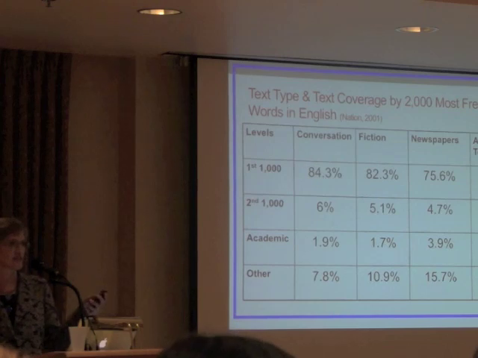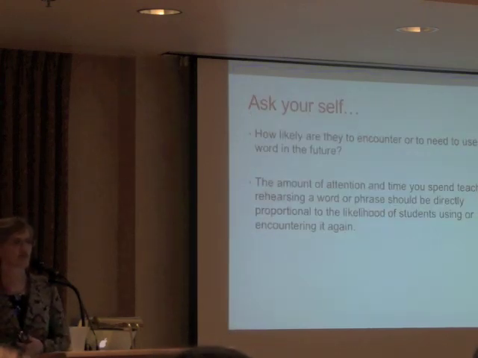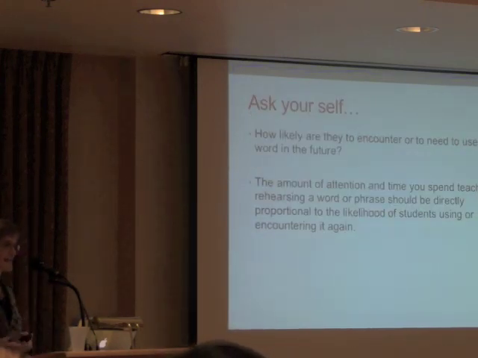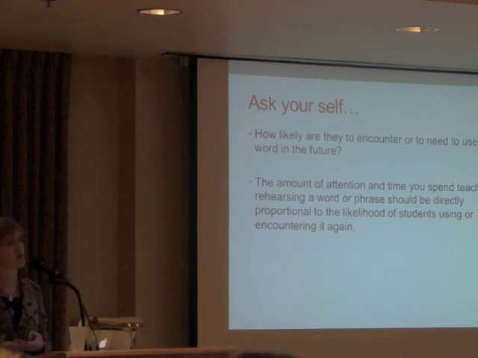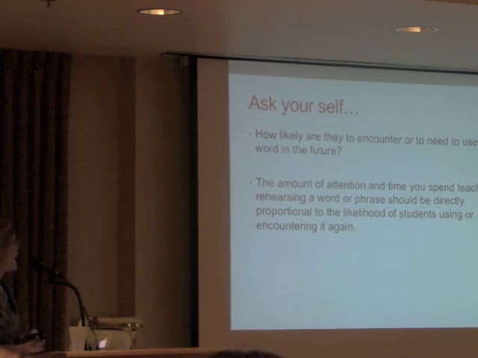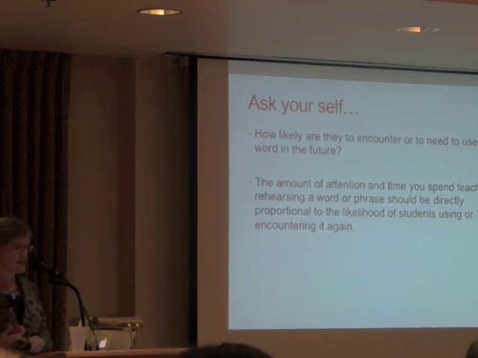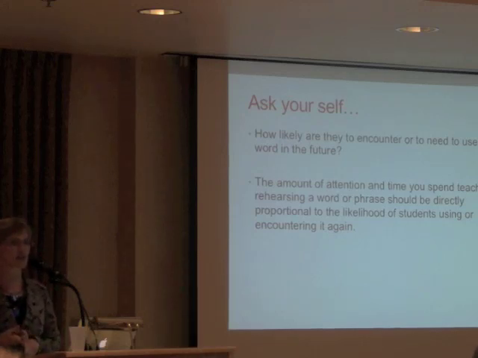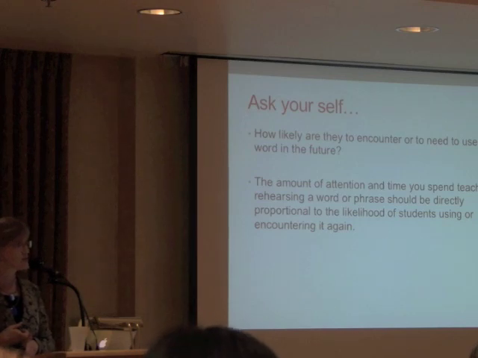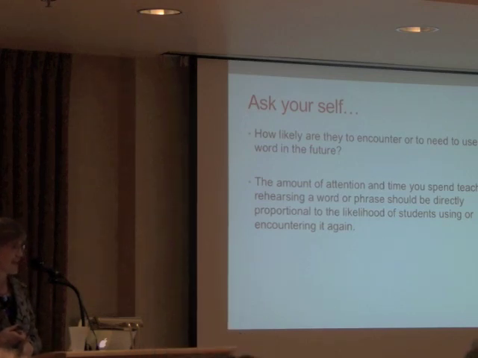So here's the criteria that I think you should use as you are looking at text that you are teaching kids or looking at the text you want kids to produce. How likely are kids to encounter or need to use a word in the future? And the amount of time you spend on it should be proportionate to that.